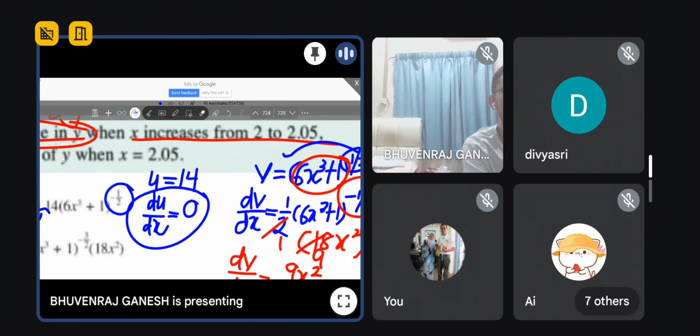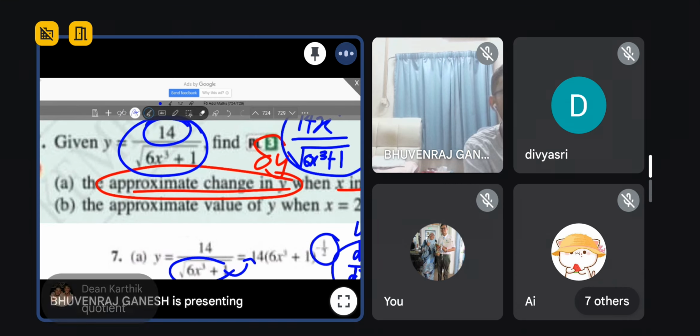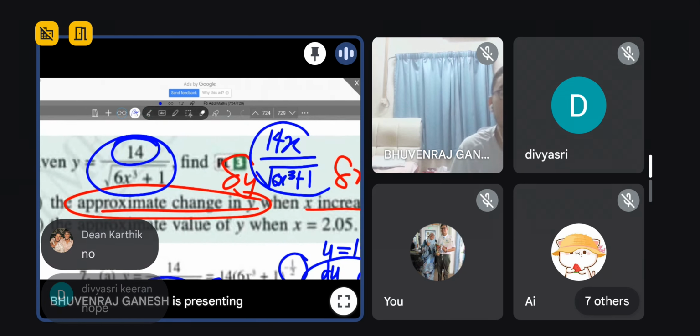Example: you see this question. The top is a number, a constant. When there is a constant at the top, we no need to use quotient rule. Only thing is, if you have something like this. Let's say I switch the question a bit like this. Can I do normal differentiation for this type of question? Very good.